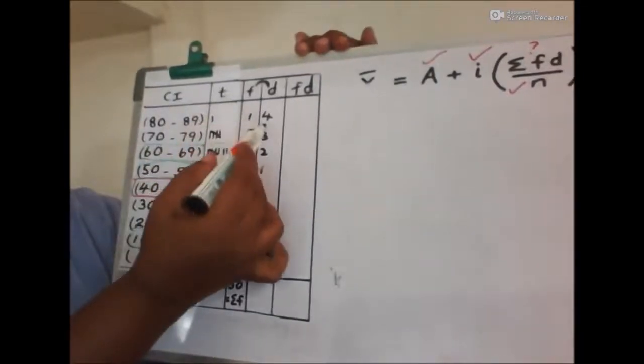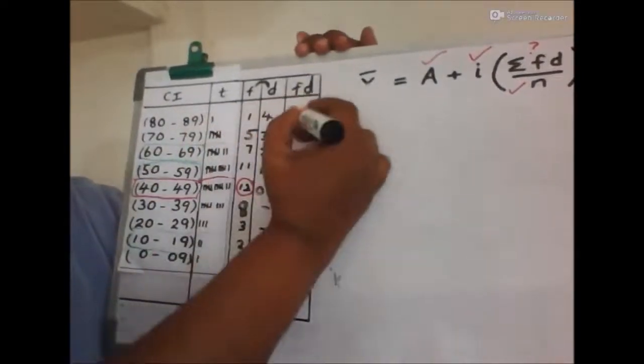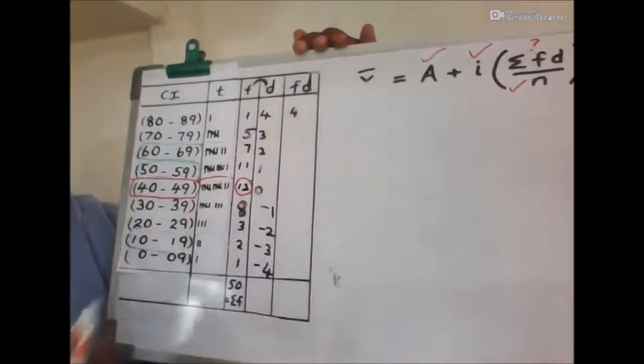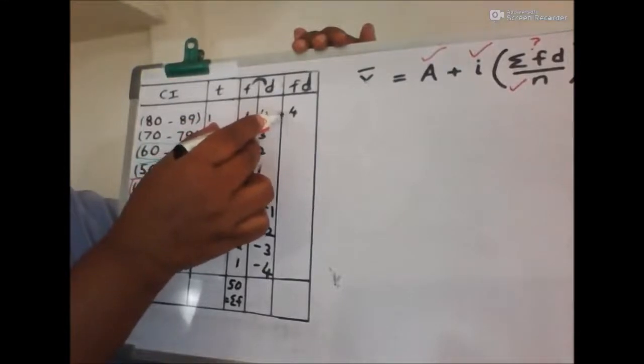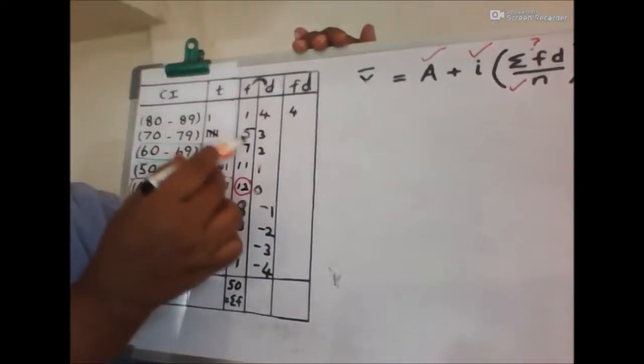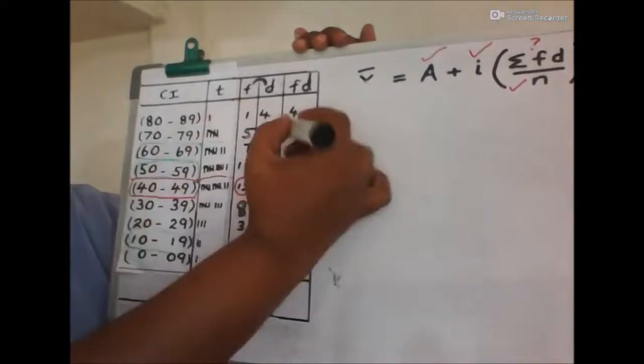How can we do it? 1 into 4, it's 4. Put your value here, and leave some space for another digit. The second one, 5 into 3, 15.